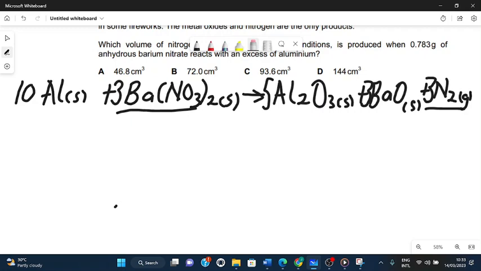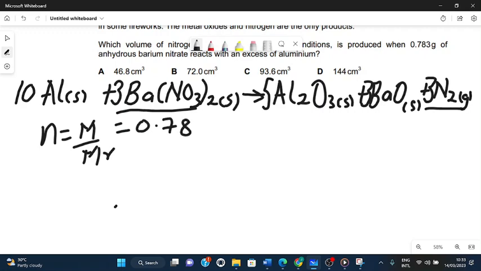So if I were to use the second method, the first thing we have to do is calculate the number of moles of 0.783 gram of anhydrous barium nitrate. Number of moles equals what? Mass over molar mass. The mass is 0.783.